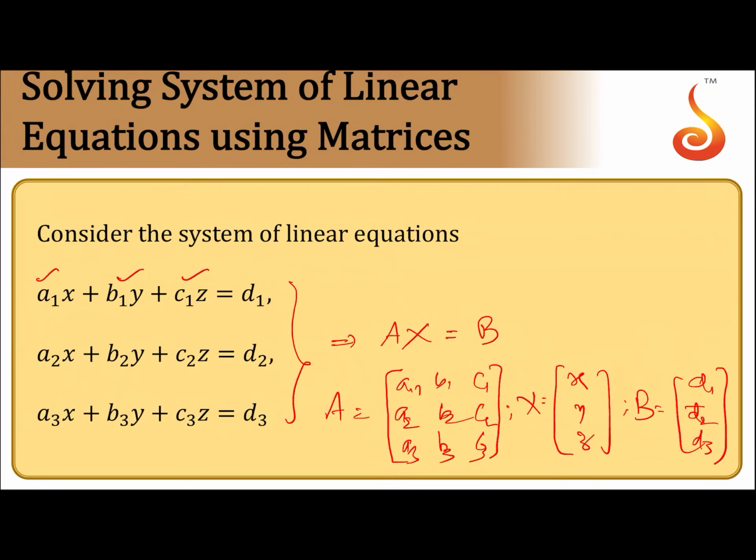Here A is called the coefficient matrix, X is the unknown matrix, and B is the constant matrix.